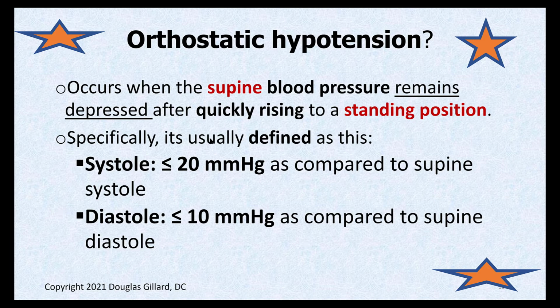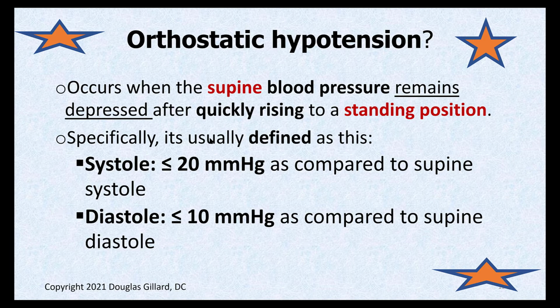Let's look at orthostatic hypotension again. Again, it occurs when the patient is supine, you take their blood pressure, and then you have them rise quickly into a standing position. You wait 3 minutes, I could have added in there. Wait 3 minutes and retake their blood pressure in the standing position. Be careful they don't fall. Have an assistant ready to catch them if they fall.